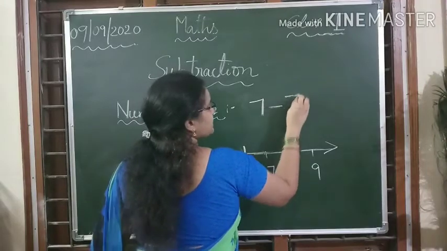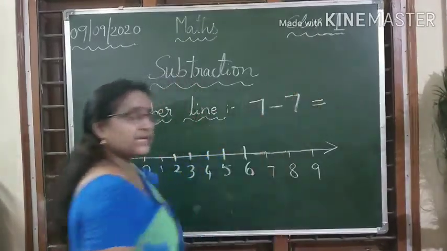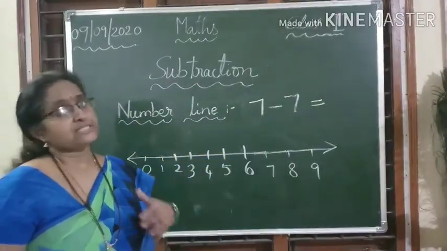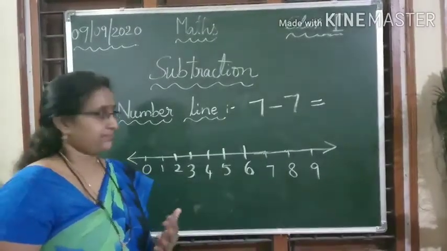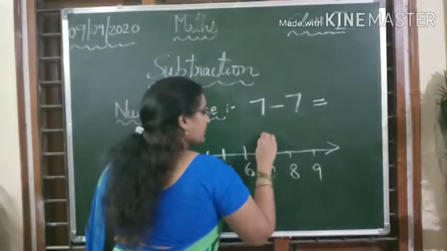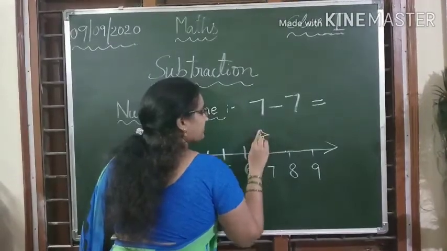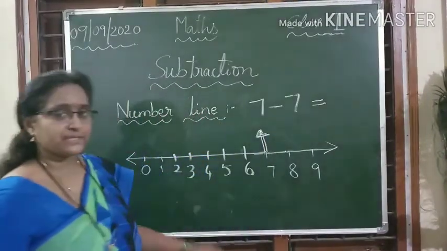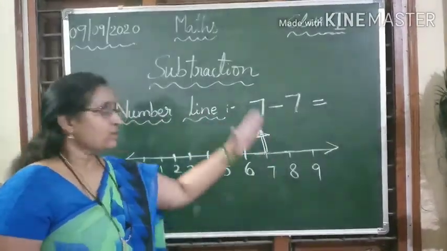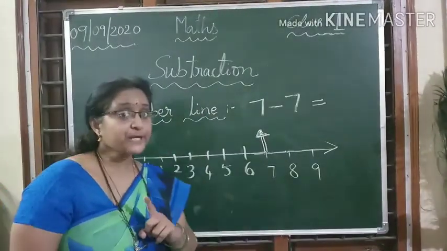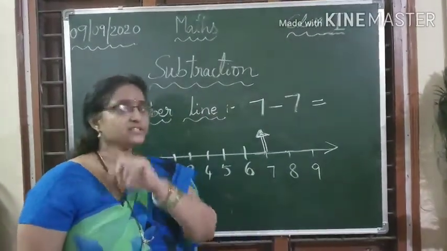7 minus 7. Let us see what we will get when 7 is subtracted from 7. So, we need to keep a mark at 7. Now, from 7, we need to move backward. How many steps? Very good. 7 steps.